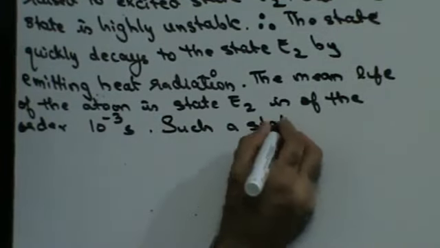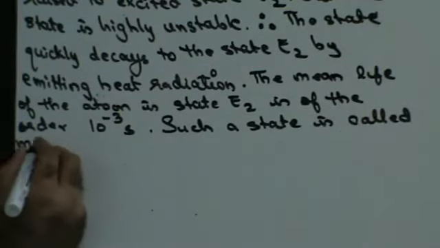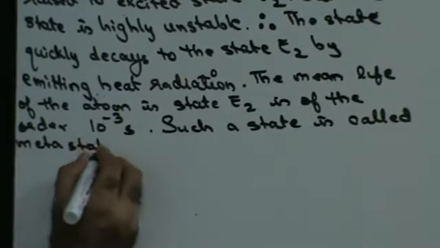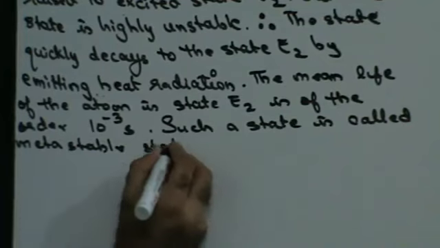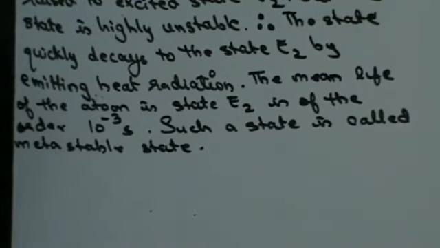Such a state is called a metastable state. As a result, the number of atoms in the metastable state increases quickly.